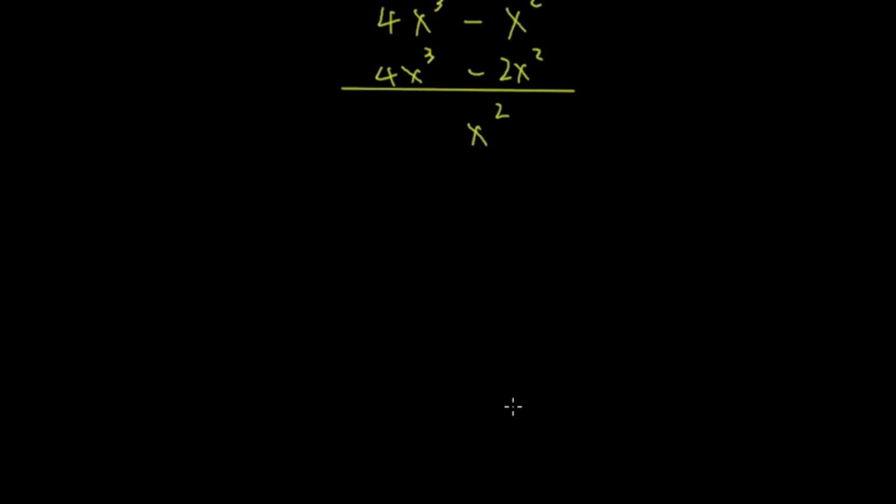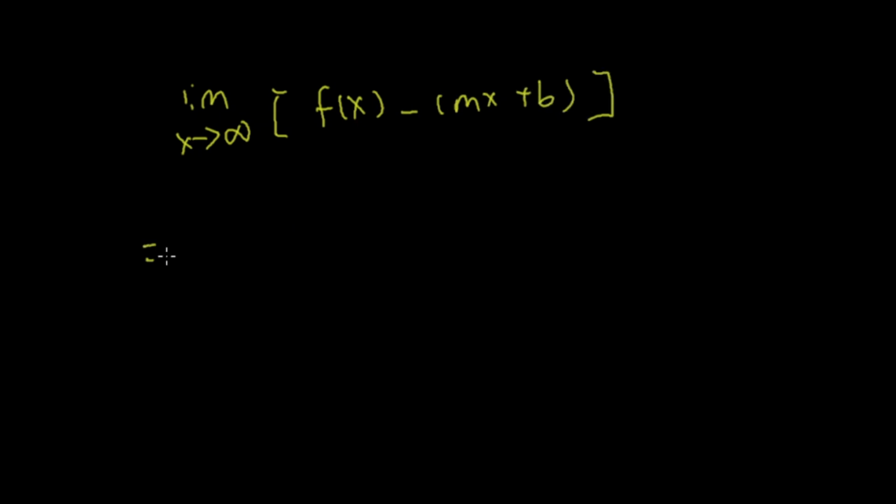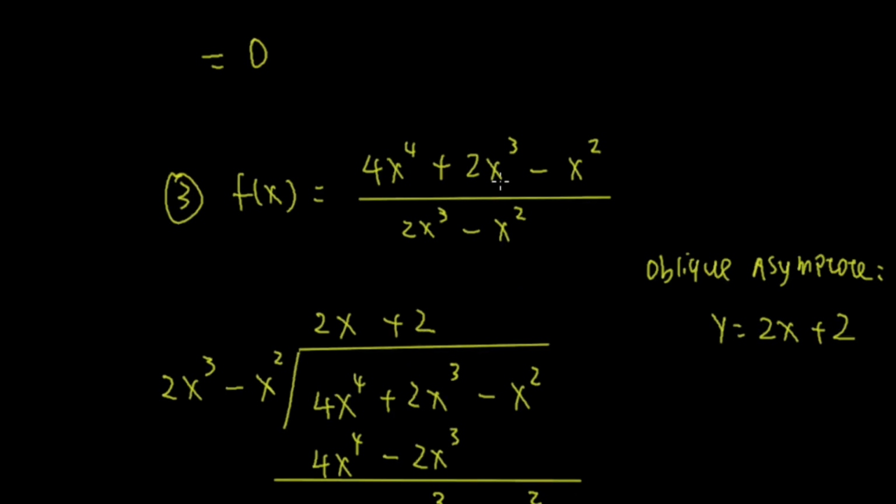Now again, let's put it into the limit and see what we get. Limit as x approaches infinity of f of x minus mx plus b. And that's equal to the limit as x approaches infinity. What's f of x here? This, right?